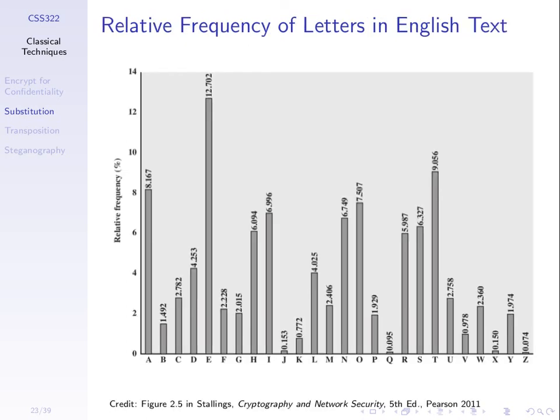Let's see some, first. This is a plot. Someone has counted the letters in some large English documents, and they see that the letter E occurs 12.7% of the time, about 13%. The next most frequent letter is T, and then A, and then O, and the least frequent letters are J, Q, X, and Z. So that's statistics of one particular text, but many English texts follow that same pattern.